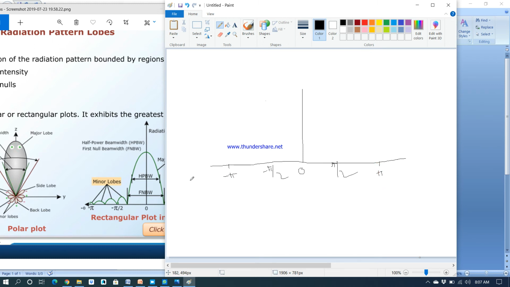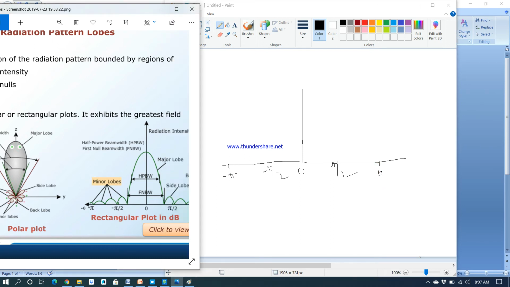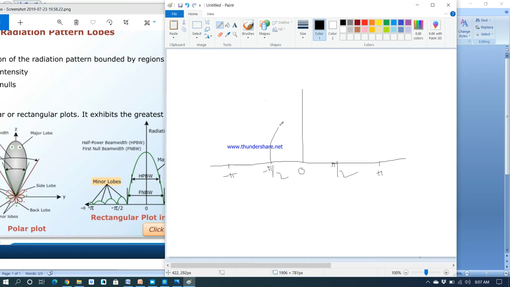Okay, so how can a major lobe be drawn? First one, this is a major lobe, so this major lobe can be written as an equal interval. Okay, rest of the things, what is a side lobe? This side lobe can be written like this, and this side lobe can be written like this.